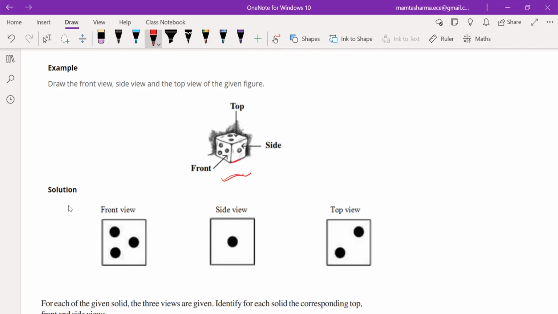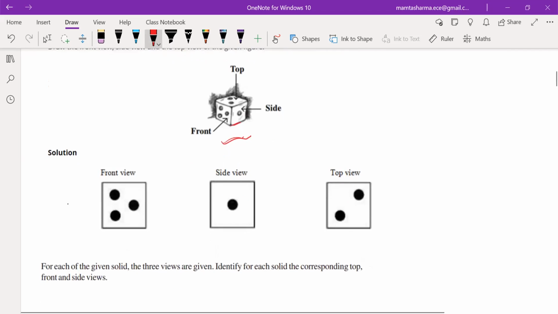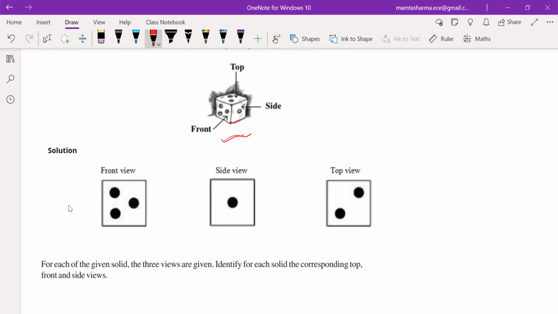This dice will have front, top, and side views. If we draw the front view, from the front you can see only 3 dots. From the side, you can see 1 dot. From the top, you can see 2 dots. If you see from the top, you can't see the 1 dot. Am I right? Am I correct?